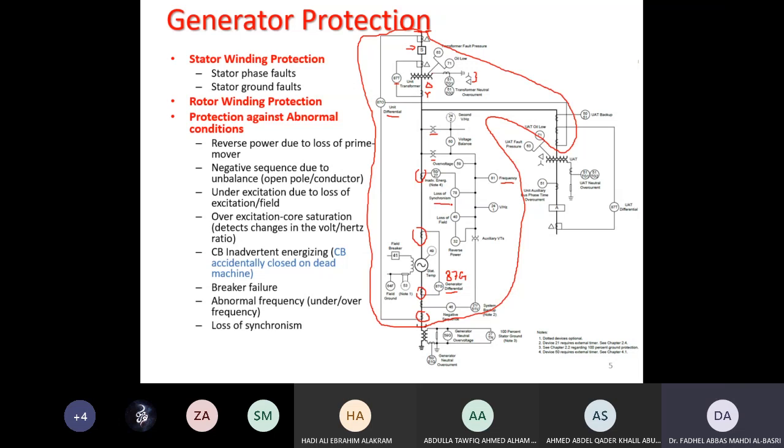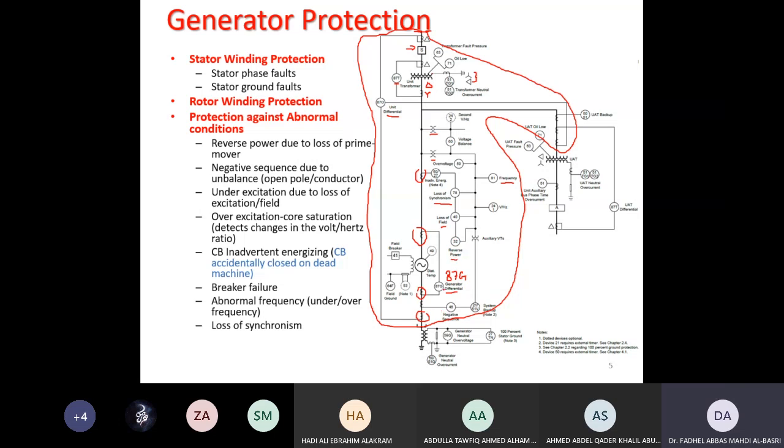I have loss of synchronism, to check whether they are still in phase or in synchronous. We also call it pole slip protection, and loss of field protection. We have reverse power, which requires two things.